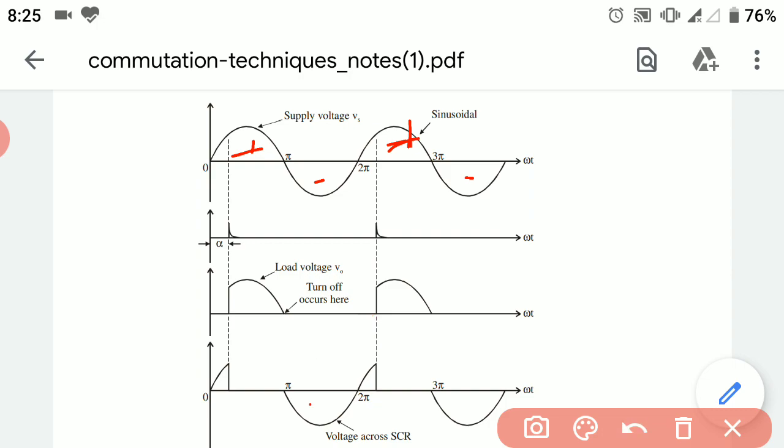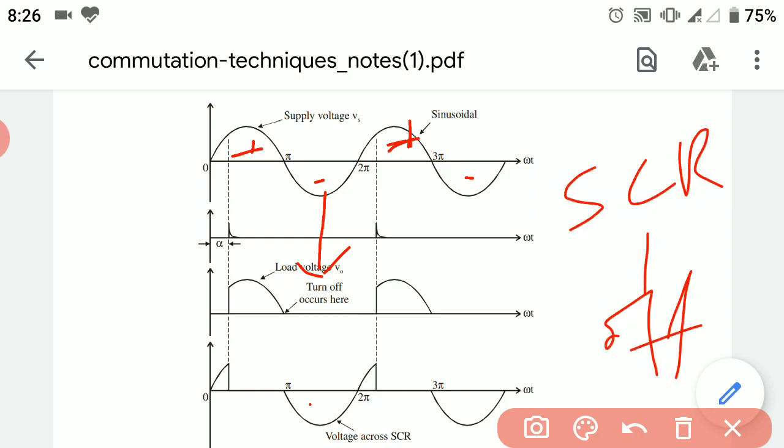During this phase the SCR will be off, and during the positive peak there is an output voltage, and the SCR will conduct.